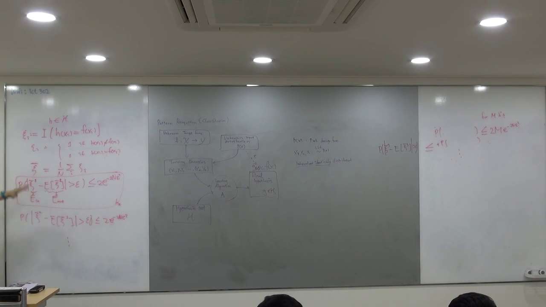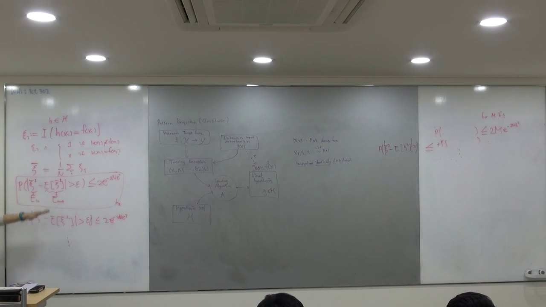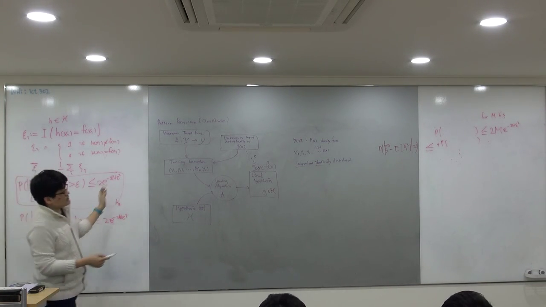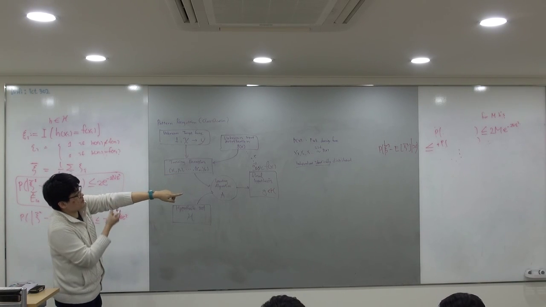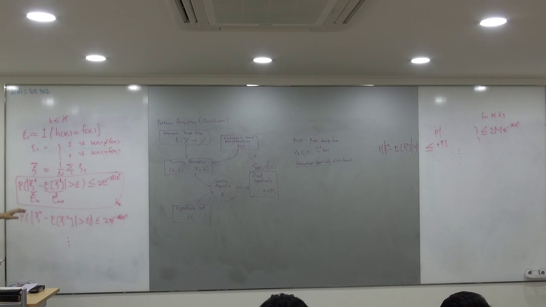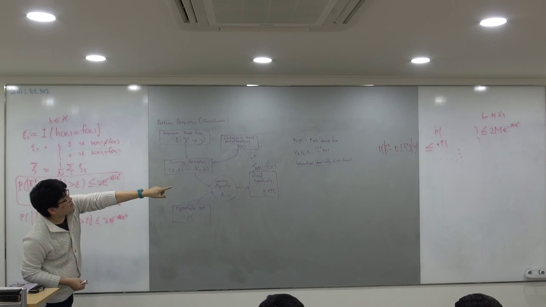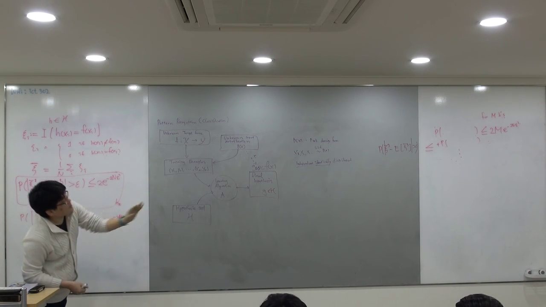You write down the inequality for every hypothesis element in your hypothesis set, and you just add. Then it's actually the union bound for M inequalities. If you add all, on your right hand side you will get 2M times exponential.